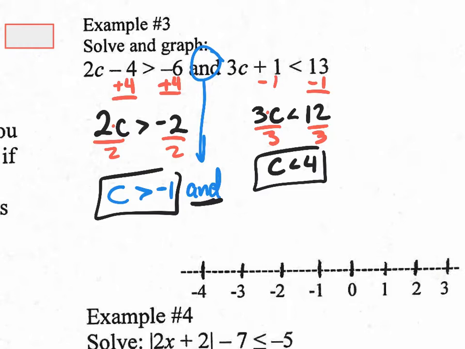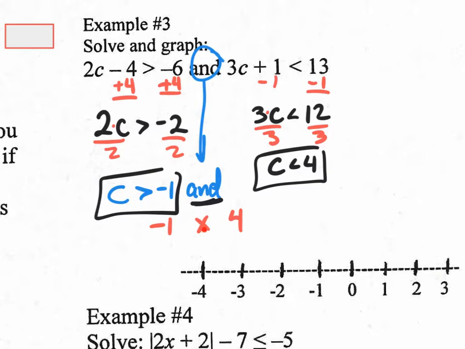So if we want to write it together, we could write it as a compound inequality by putting the smaller value on the left side and the bigger value on the right side, and putting the c in the middle with the appropriate inequality symbols. So if I take a look at this inequality, c is greater than negative 1.